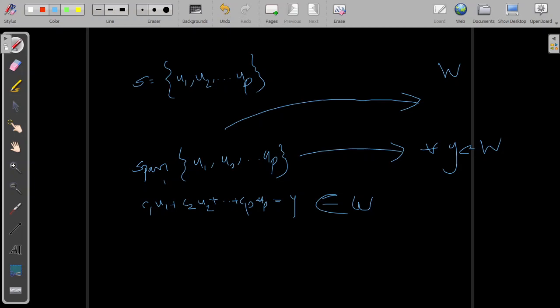Then orthogonal basis means this set S is an orthogonal set. If the set S is an orthogonal set, that is an orthogonal basis.